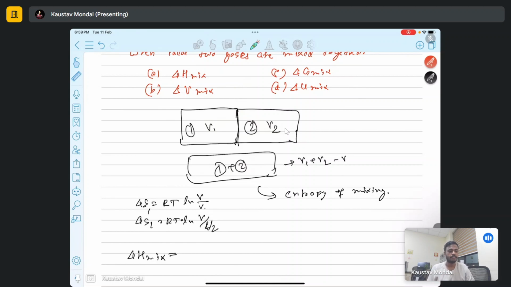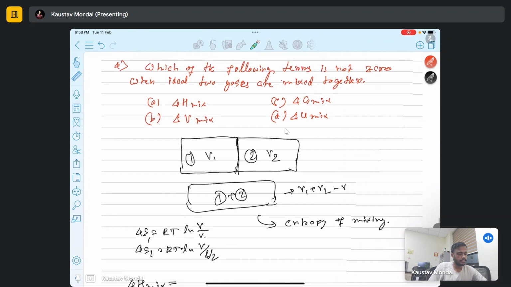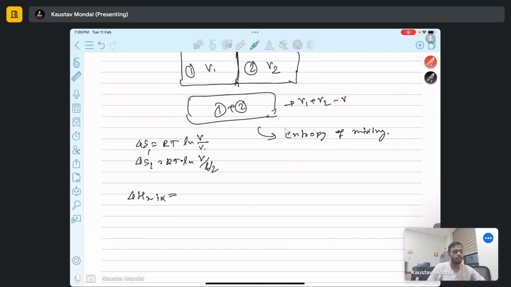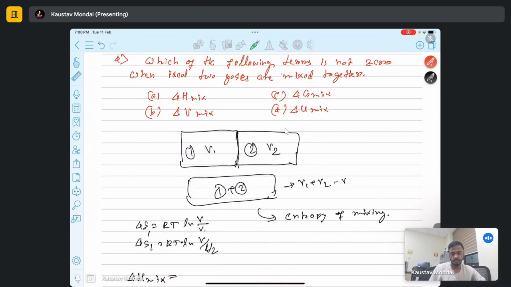But that is the realistic case. Here in the ideal case we didn't consider the intermolecular forces of the gases, as the question itself mentions an ideal gas. So there should be no heat generated if you mix those two gases.